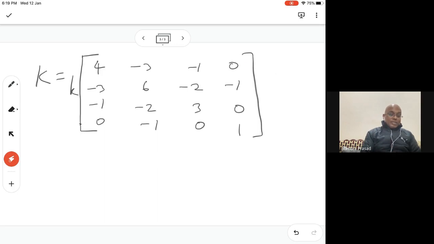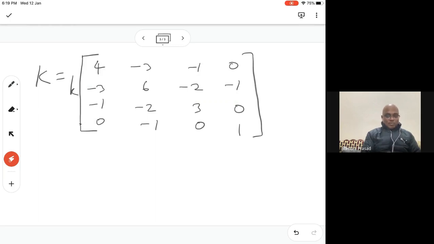Similarly, if you add these together, it is 0, and this is symmetric. This and this should match, and this and this should match. So these things you can check, especially for a structural system when you have the force or displacements.